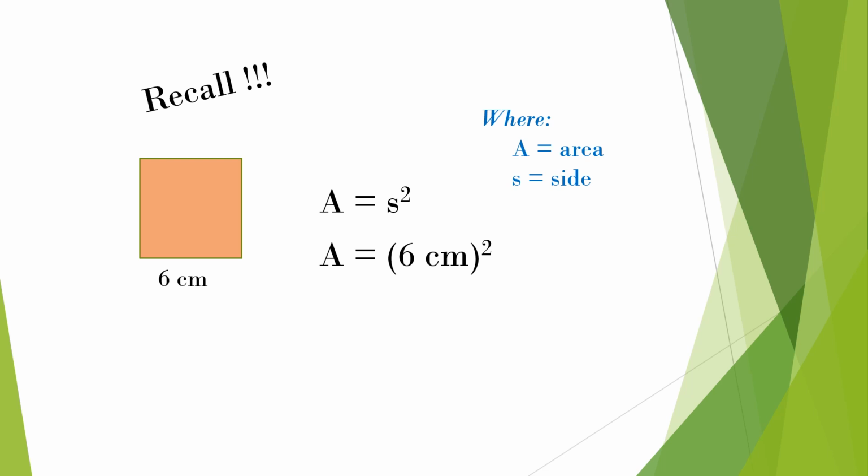There you go. Now, we double 6 centimeters. That's it. 6 centimeters times 6 centimeters. So what's your answer? Excellent. A is equal to 36 square centimeters.